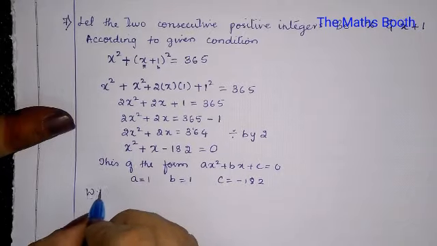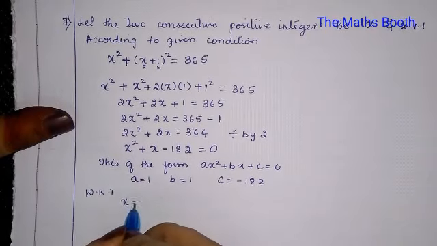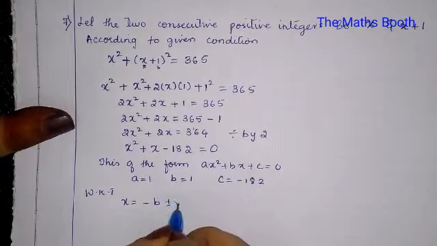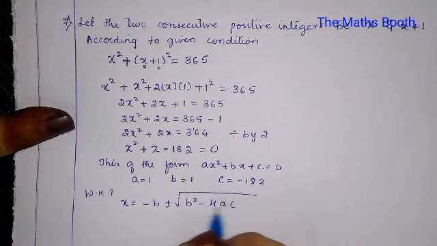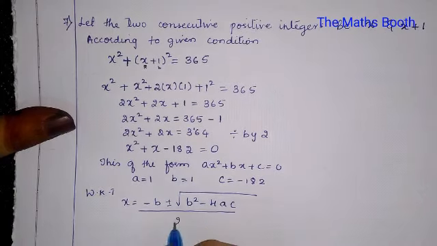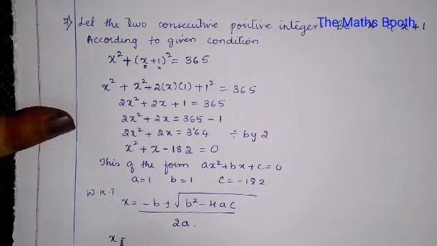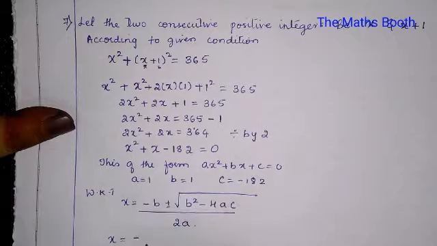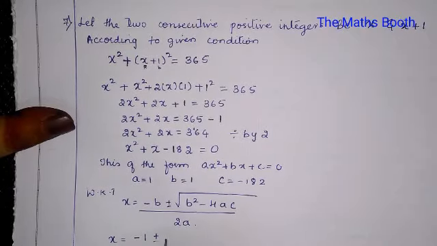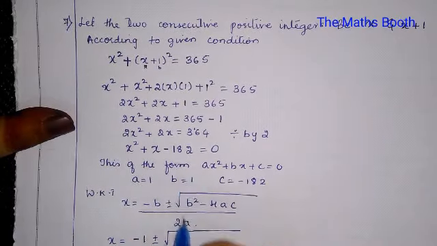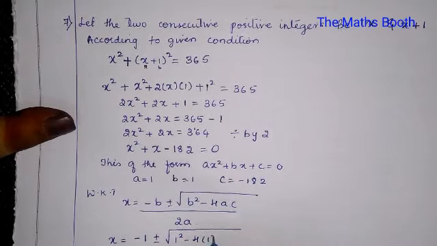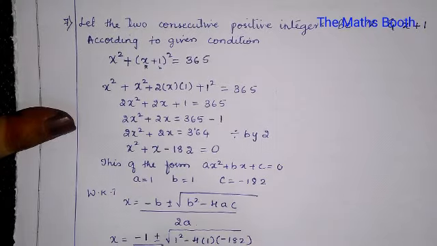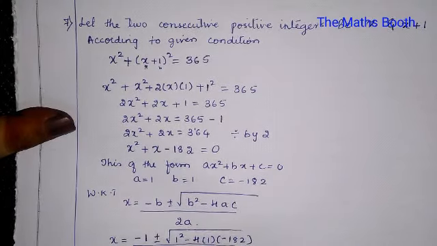We know the formula: x is equal to minus b plus or minus root of b square minus 4ac upon 2a. So x is equal to minus b, which is minus 1, plus or minus root of 1 square minus 4 into a, which is 1, into c, which is minus 182, upon 2 into 1.